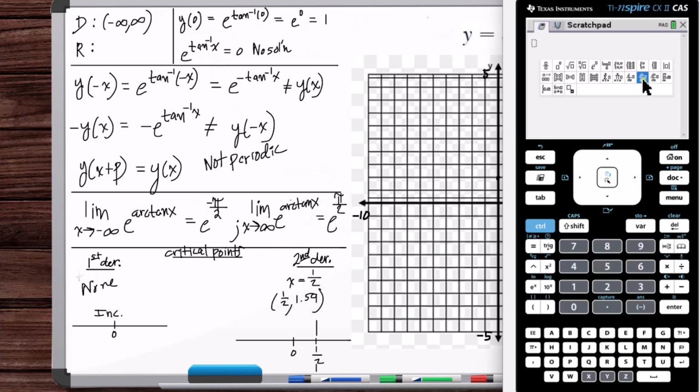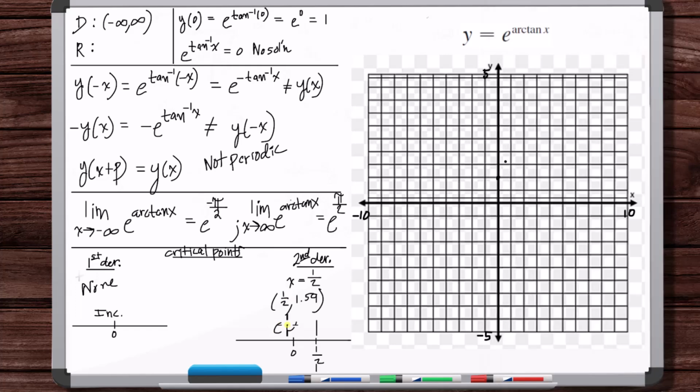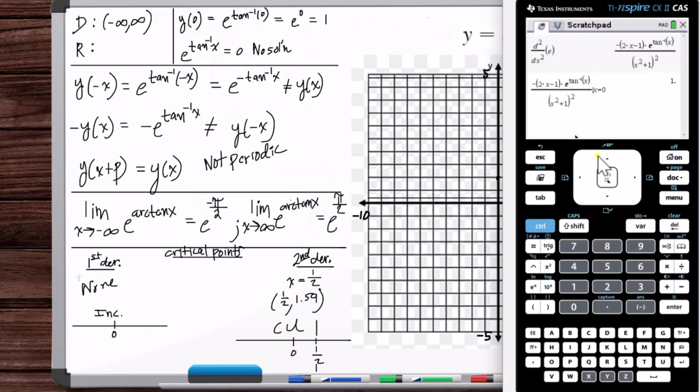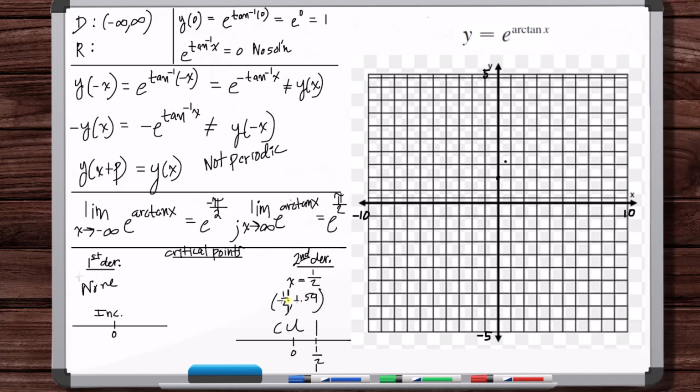Okay, so we take x is equal to 0. So concave up to the left of x equal to 1/2, and then what about to the right? We'll put 1. Concave down. Okay, so we do have an inflection point here at x equal to 1/2, and then there's no local maxes or mins.